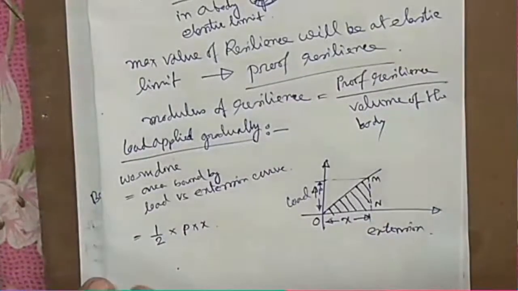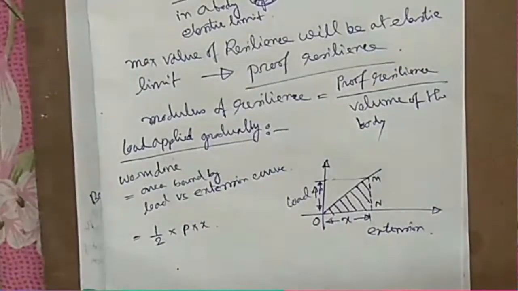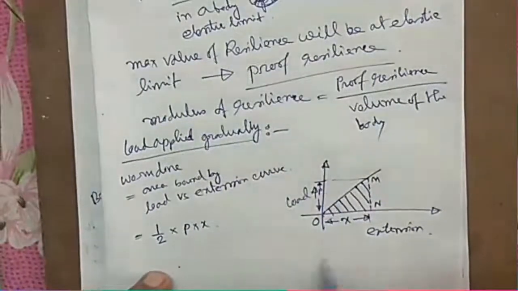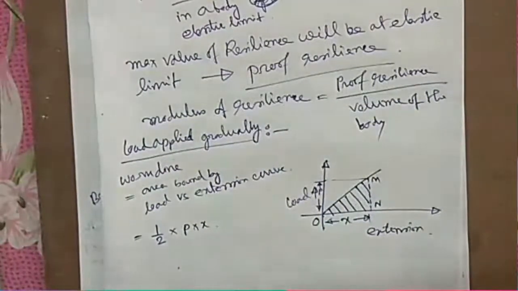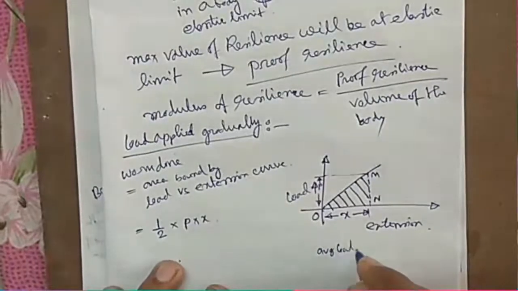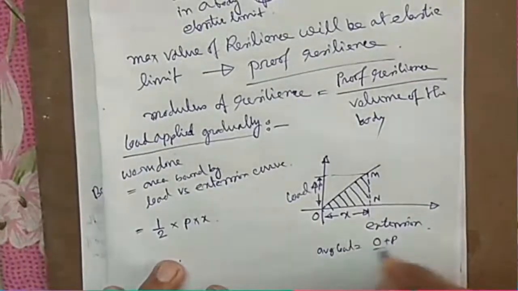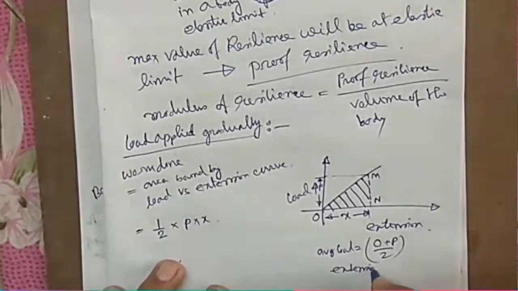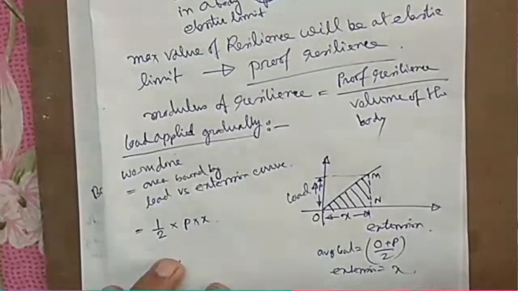Now why does this happen? You can discuss it in a different way: when the load is increasing gradually from 0 to P very slowly, then the average load acting will be (0 plus P) by 2, and the extension will be x.